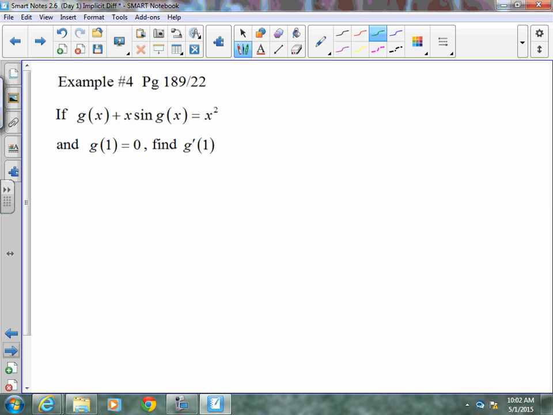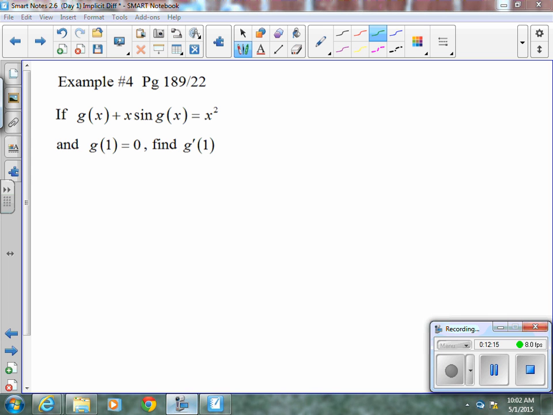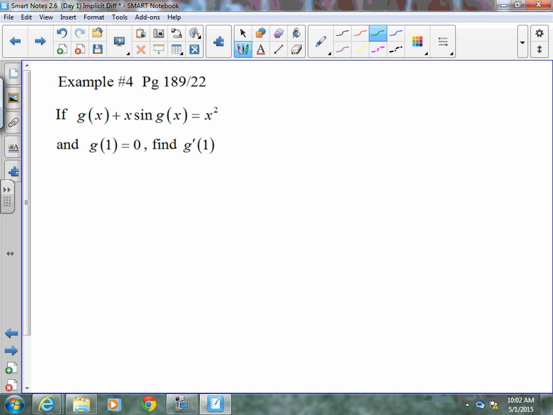Next one's a little weird. It says if g of x plus x sine of g of x equals x squared, and g of 1 equals 0, find g prime of 1. To do this, we're going to have to derive. So, derivative of g of x is g prime of x.